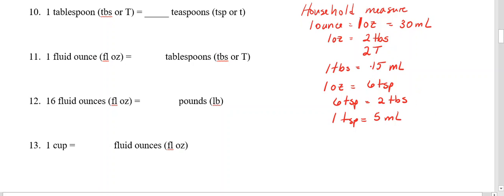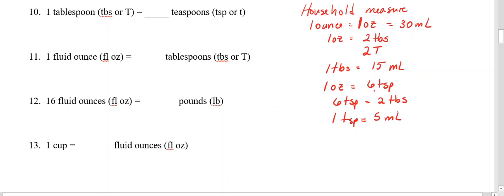Okay, so some of these are easy. Knowing 1 ounce is 30 milliliters, and 1 ounce is 2 tablespoons, if I take my 30 milliliters and divide it by 2, that's 15 milliliters per tablespoon. So if you can make the connections, it's easy to learn.